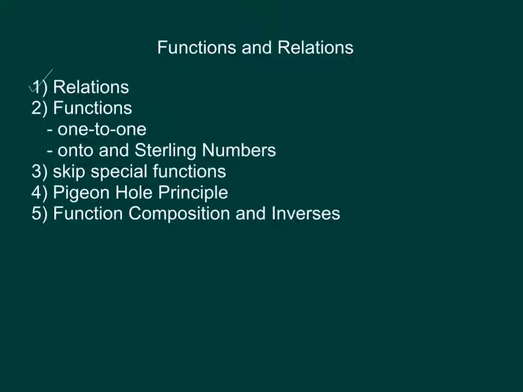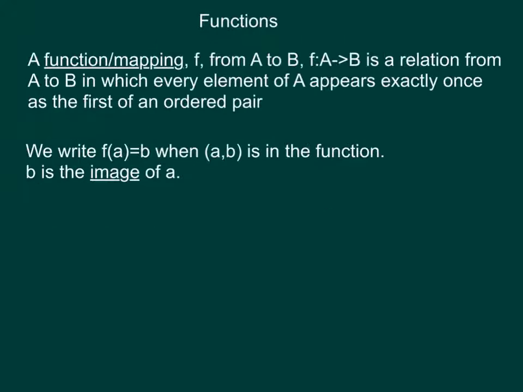So now we've covered relations, and we're ready to go on and look at functions. A function, also known as a mapping, f, from A to B, notated f: A → B, is a relation from A to B in which every element of A appears exactly once as the first of an ordered pair. We write f(a) = b when (a, b) is in the function, and we say that b is the image of a.